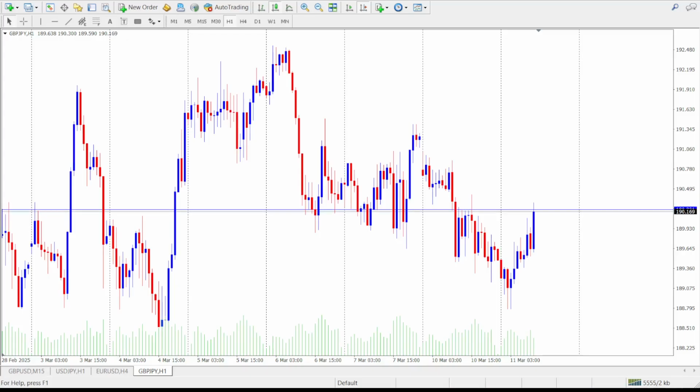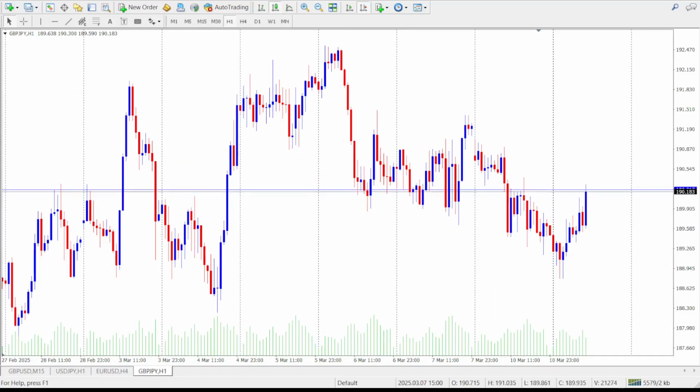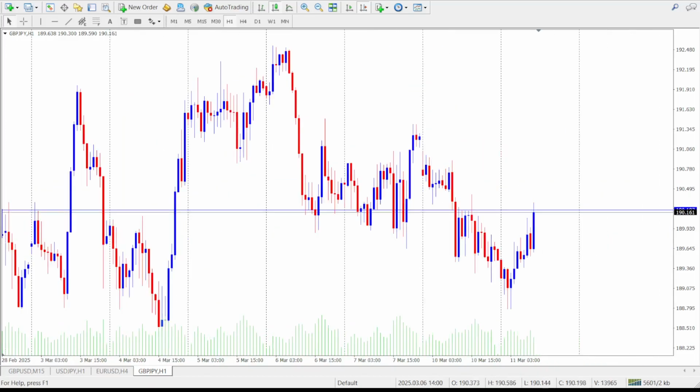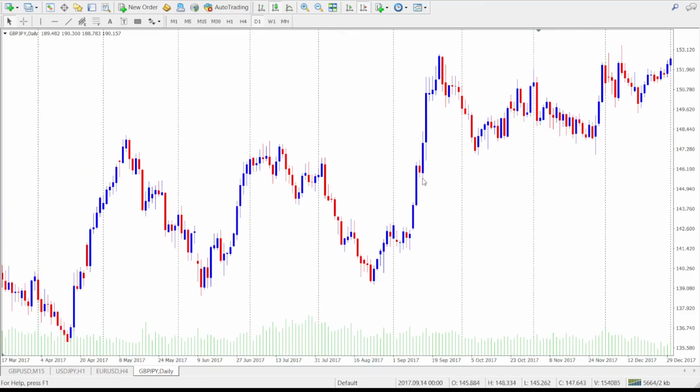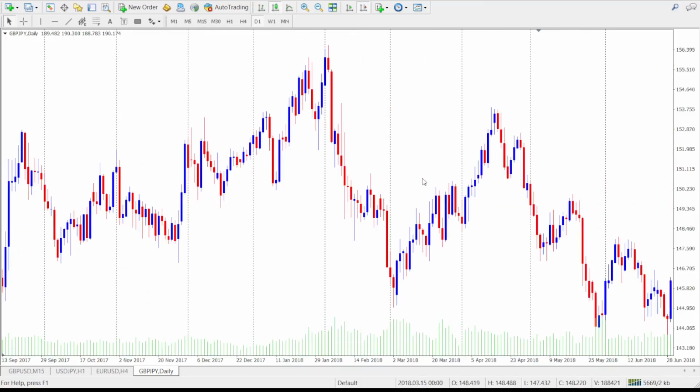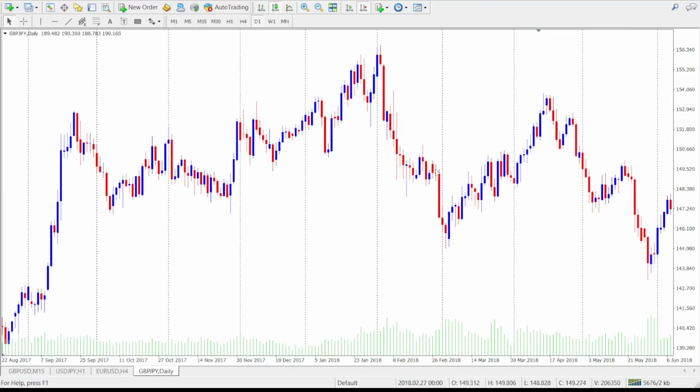Now let us dive into some of the best chart patterns for swing trading that every trader should know. The first pattern that we are going to be looking at is the head and shoulders pattern.